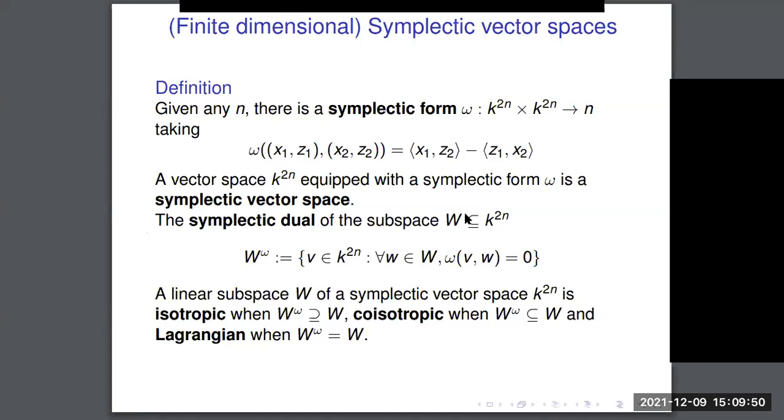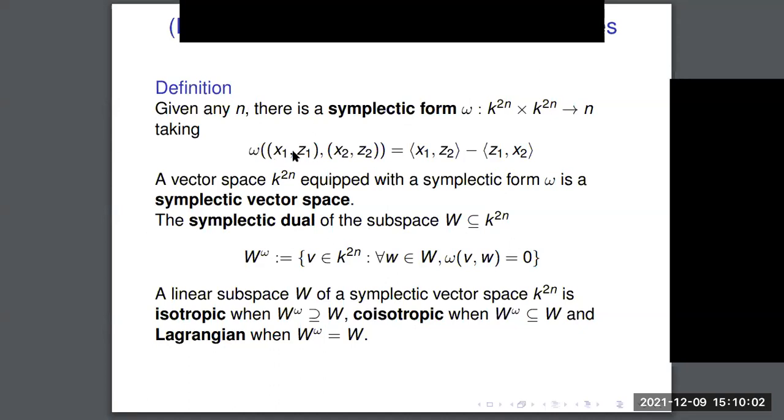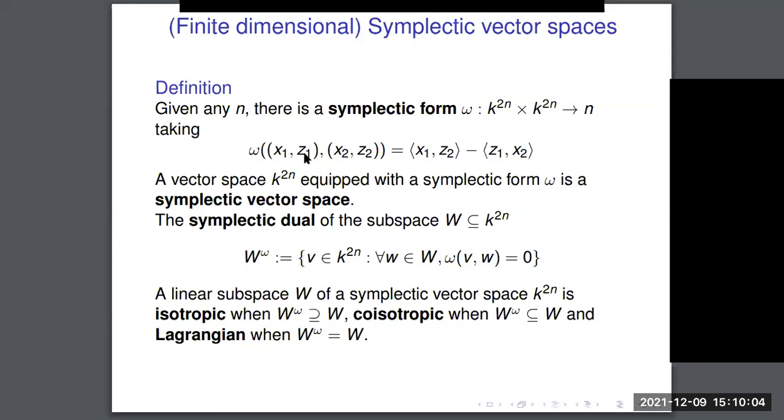Okay, so just as there is this notion of orthogonal complement for an arbitrary subspace, when you're looking at subspaces of symplectic vector spaces, you can take the complement with respect to this form instead of the standard inner product. So when you do this operation to some subspace W of some symplectic vector space k^2n, we'll denote it with omega as a superscript.